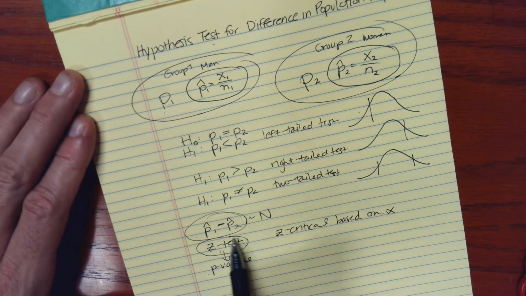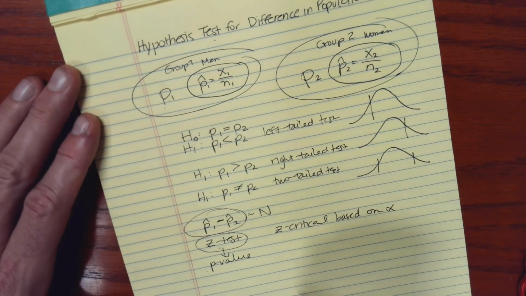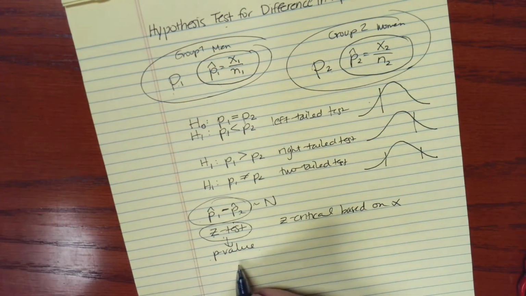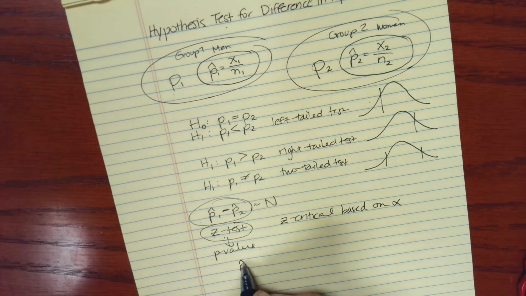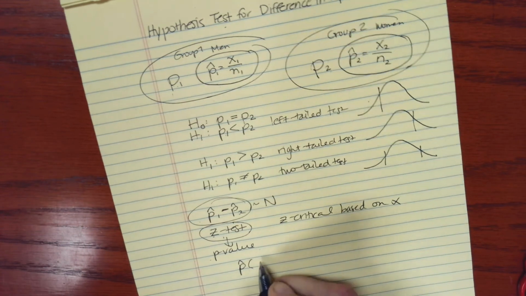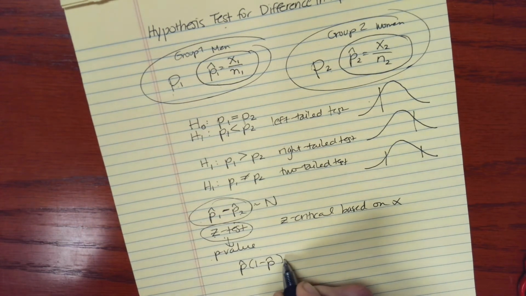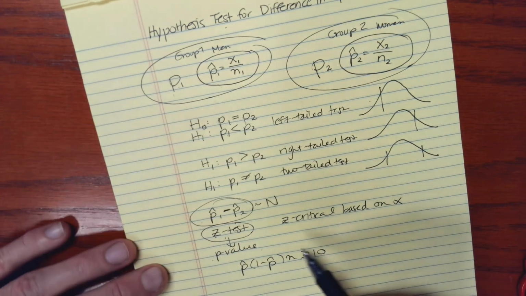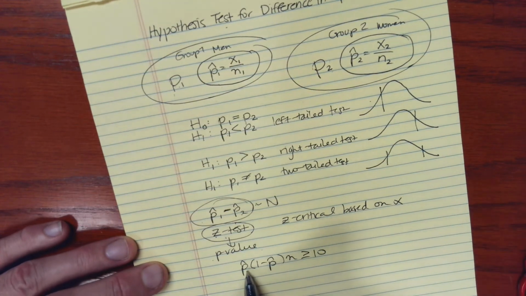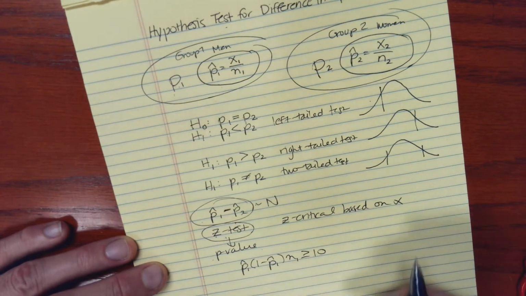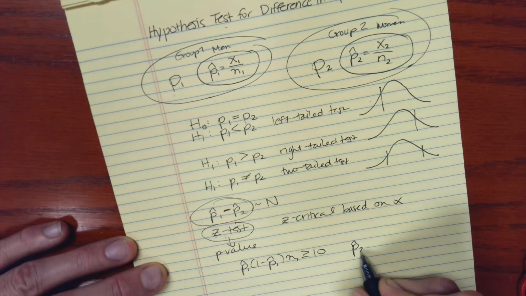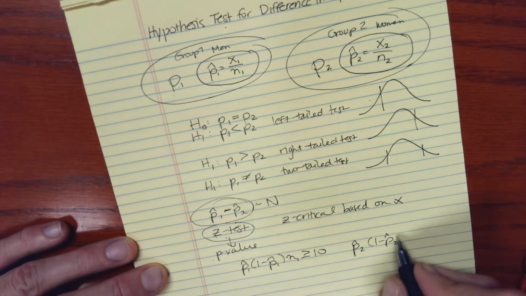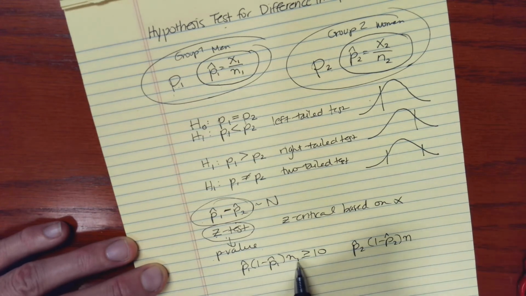First of all, I want to talk about the conditions under which this is an appropriate test. So normally when we're conducting a z-test about a proportion, we want to check and make sure that our p hat times 1 minus p hat times n is at least 10. Now, because we're drawing two samples from different populations, I'm going to make sure that this is the case for both p hat number 1 and p hat number 2, and for sample size number 1 and sample size number 2.